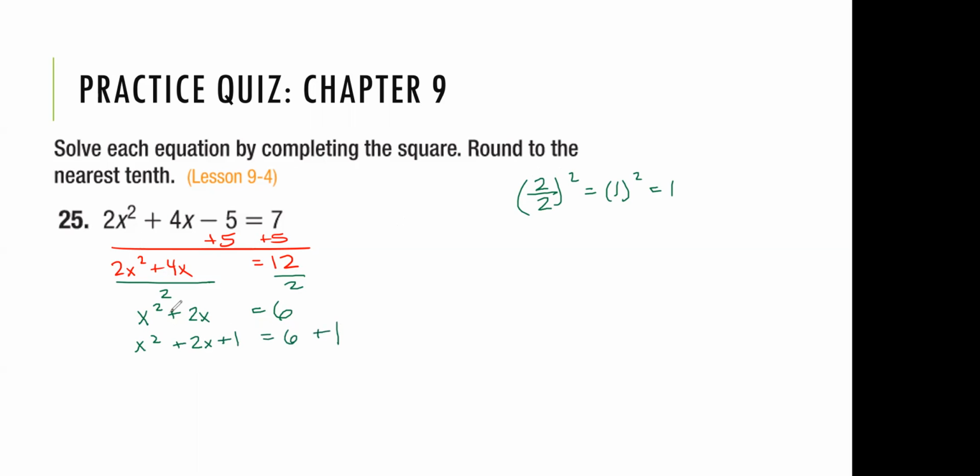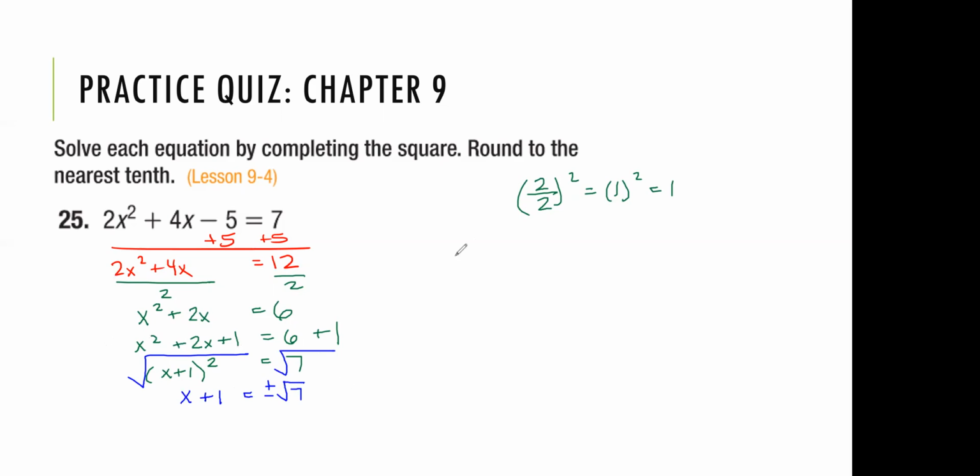And then I factor this side: x plus 1 squared would give me x squared plus 2x plus 1, and 6 plus 1 is 7. Then I need to take the square root of both sides. So I have x plus 1 is equal to plus or minus the square root of 7.